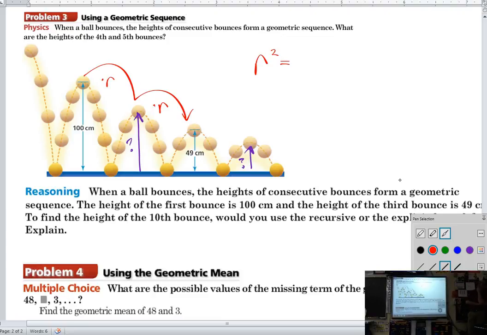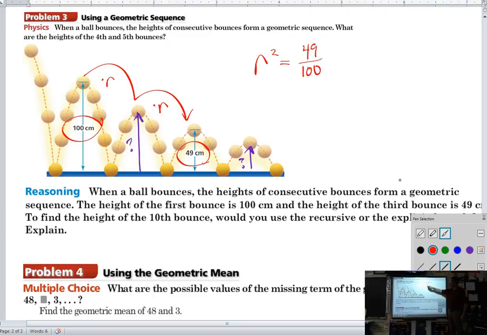Up there, we could have done 12 divided by 3 to get the 4. We are now at this value, having started from this value. If up there we did the further term divided by the earlier term, we do the same thing here.